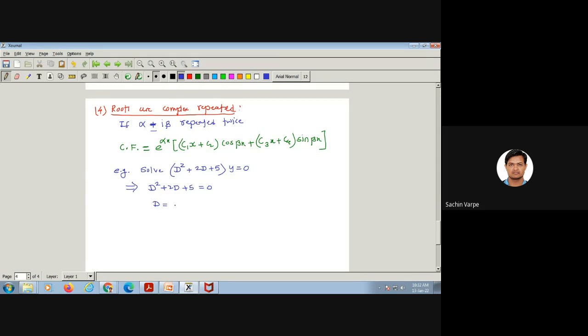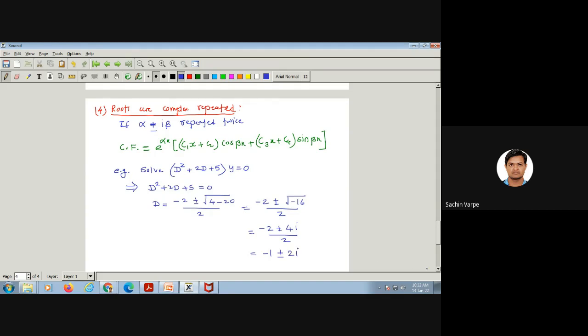D equal to minus b plus minus square root of b square minus 4ac upon 2a. So that is minus 2 plus minus square root of minus 16 upon 2a, that is minus 2 plus minus 4i upon 2. So what are the roots? Minus 1 plus minus 2i.